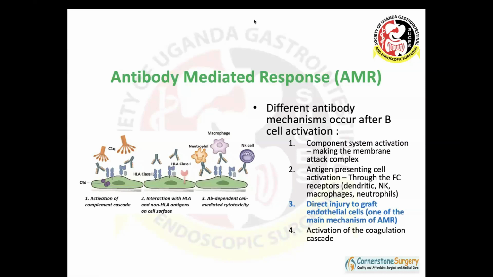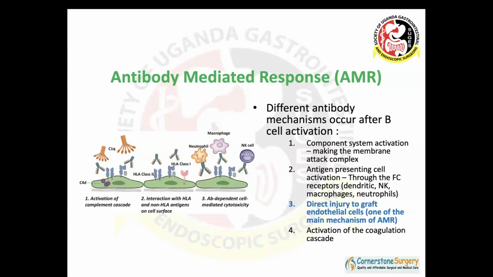The second type is when they activate other cells. They activate macrophages and neutrophils, and these go and attack the endothelium in the graft. The third type is that the antibodies themselves can attack the endothelium directly, and in so doing they cause injury themselves.